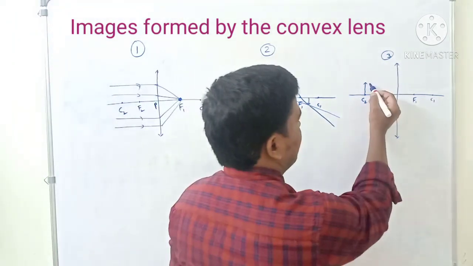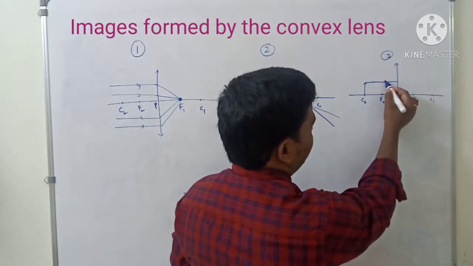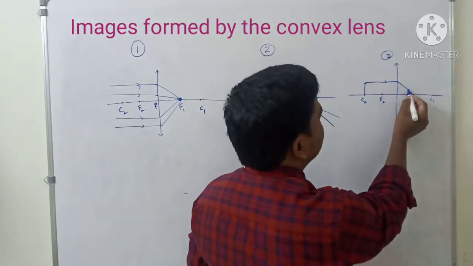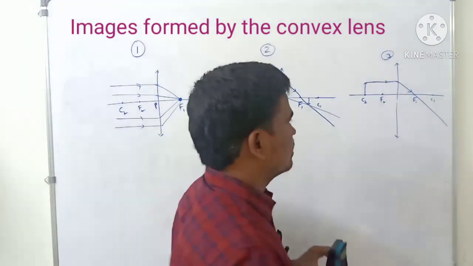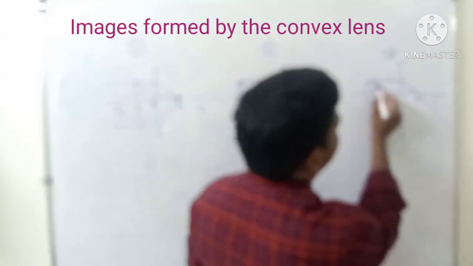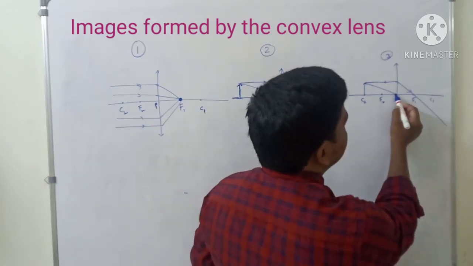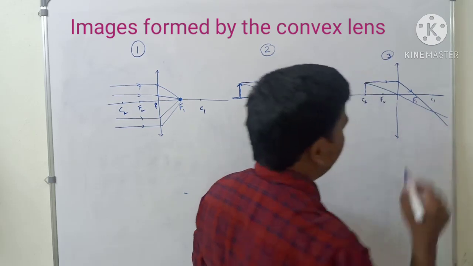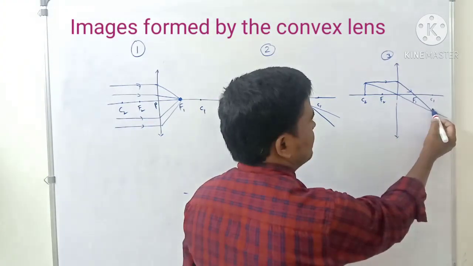The parallel line, you have to scale it rightly, converges at the focus. And the line which is going to the optic center doesn't deviate, it goes straight. So that is the intersect point, and we get the head of this image here.